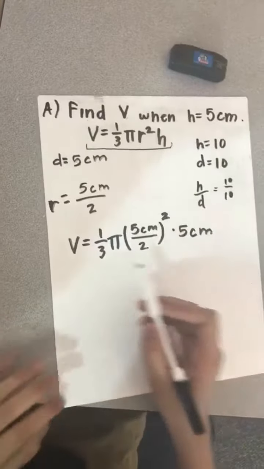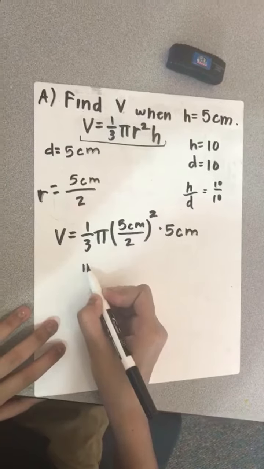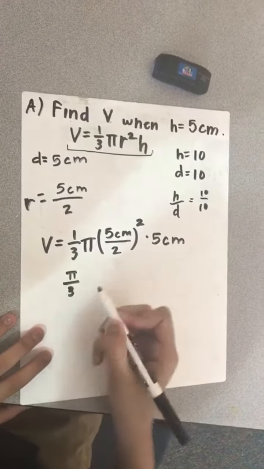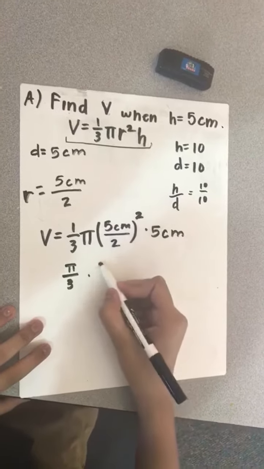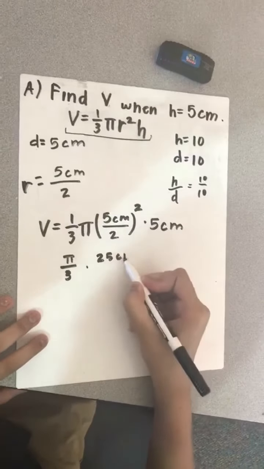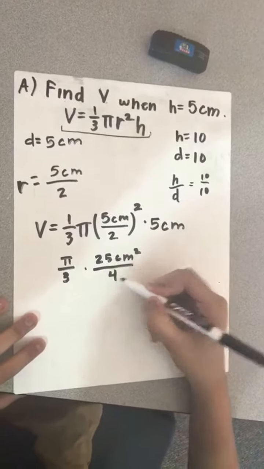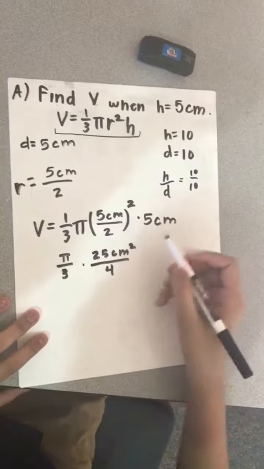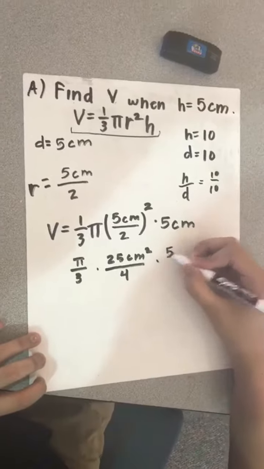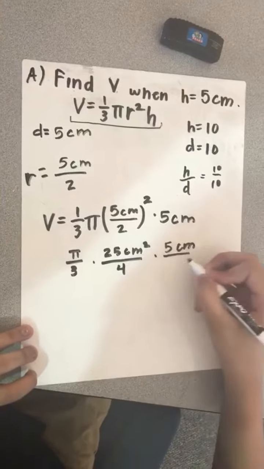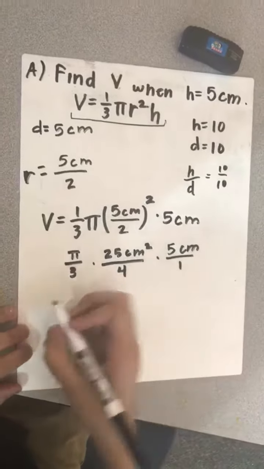So let's do this one real quick. I'm going to just bring up the pi right here, times that's 25 right there, so that'd be 25 centimeters squared over 4. And I'm going to turn this 5 centimeters into a fraction to make less work, basically. So it'd be 5 centimeters over 1. And then from here on, you multiply all the way across.